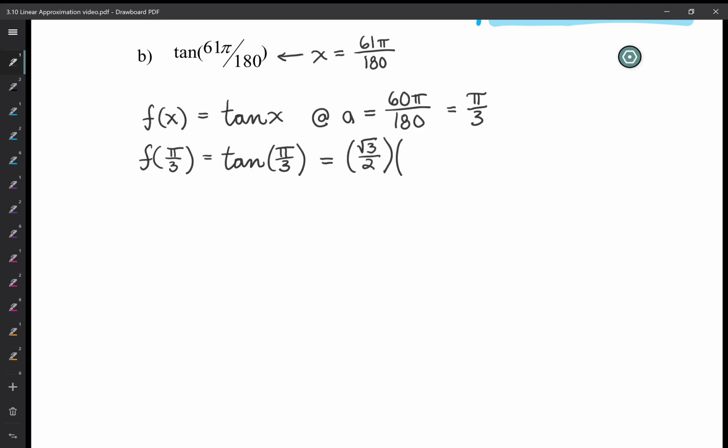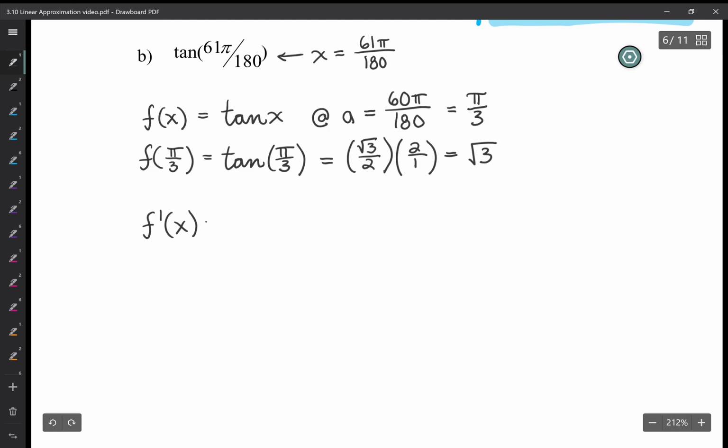So that's the reciprocal of 1/2, which is 2 over 1. So tangent of pi over 3 is equal to root 3. Then we need to find f prime of a, so we'll start by finding f prime of x. The derivative of tangent x is secant squared x.